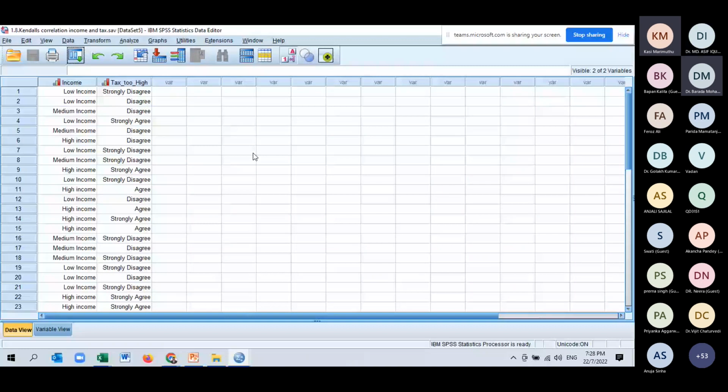If anyone is getting more than 1 lakh, they have to file and may pay around 10% or 15%. Anyone getting 1 lakh per month or close to it may feel more tax burden. So how people feel regarding income and taxation is an opinion. In some countries taxation is less, in others it is very high, even up to 30%, 35%.